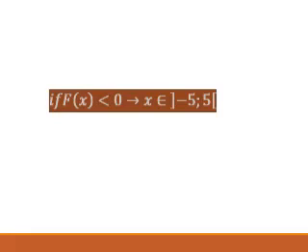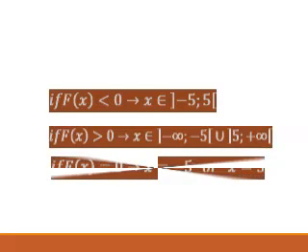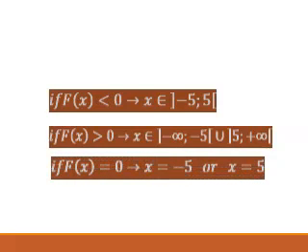If I wanted negative, from minus 5 till 5. If I needed positive, then minus infinity to minus 5, union 5 to plus infinity. And of course, for f of x equal to 0, the roots are minus 5 or 5.